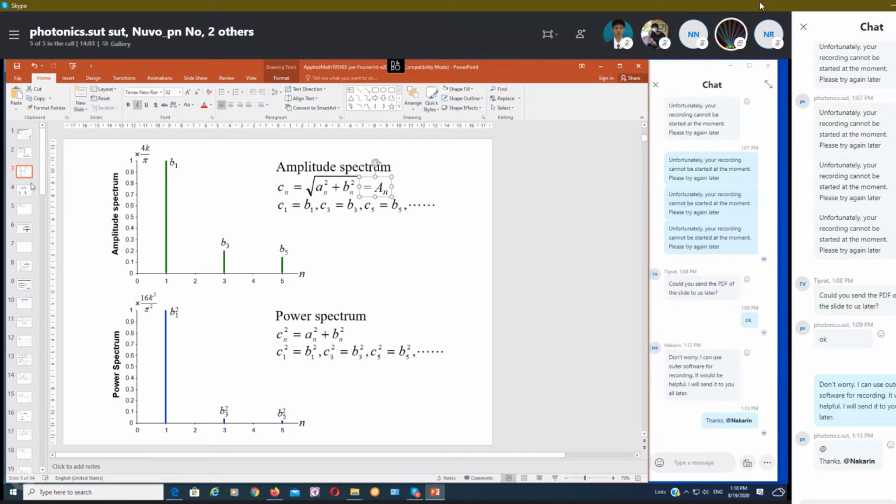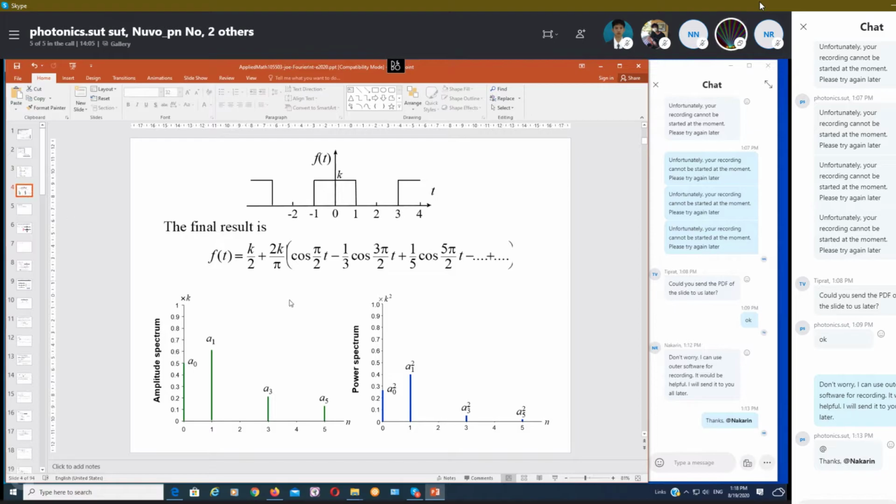Then another example, because I showed you only coefficient Bn. This is the example. Last time when the rectangular waveform is an even function, we got the result like this. Remember that you have A0 equal to k over 2, and you will have An.